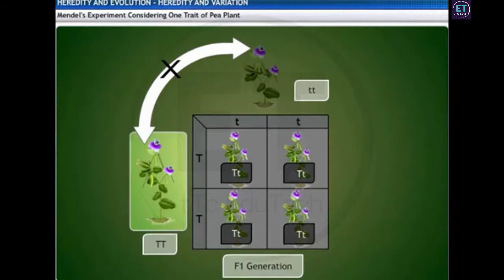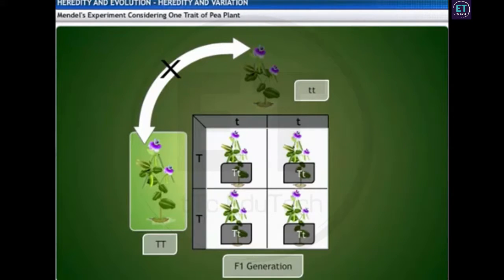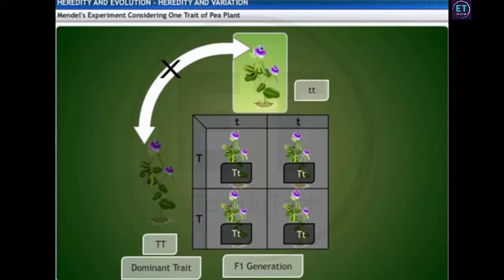This means that only one of the parental traits was visible. The trait which is visible in F1 generation is called the dominant trait, and one which remains suppressed is known as the recessive trait.